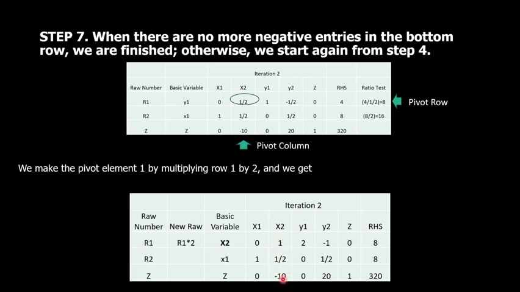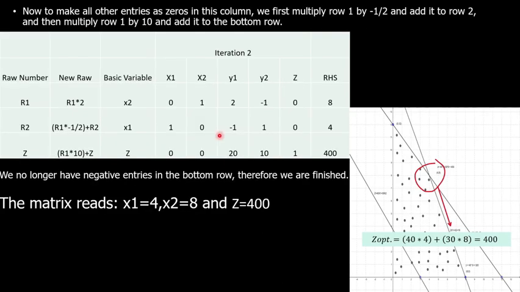To have this value and this value equal to 0, first we'll multiply the first row by minus half and add it to the second row. And later we'll multiply the first row by 10 and add it to the row of Z. This will give us the iteration 2 tableau, or tableau number 2.